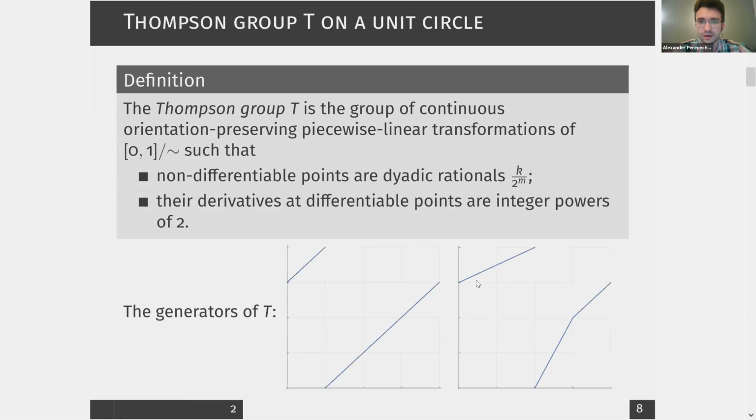For example, here are two elements of the Thompson group. They, in fact, generate the whole group. The first element, well, let me draw something.